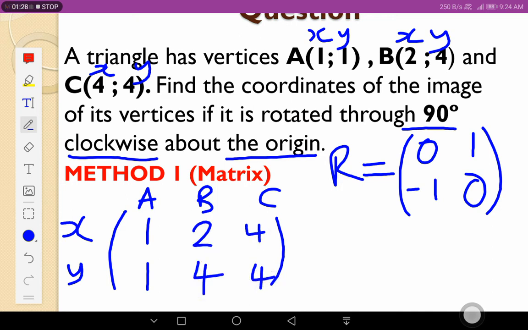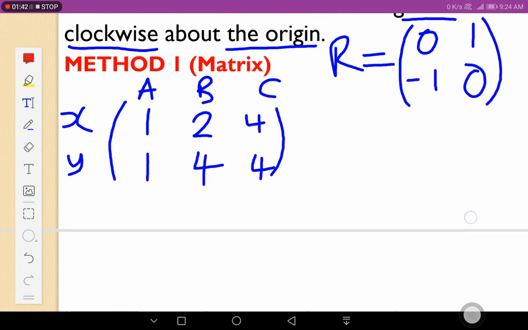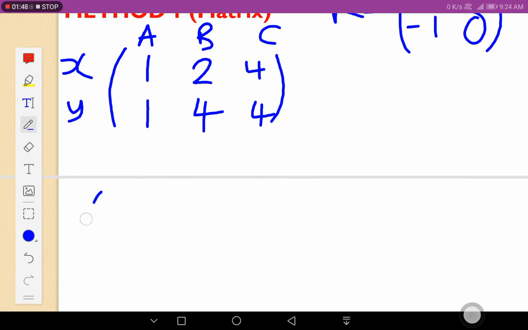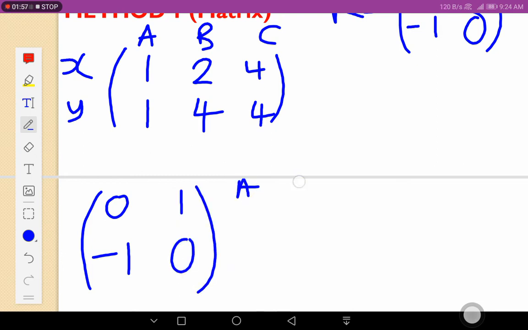Now what I'm going to do is multiply the matrix of rotation and the matrix of our triangle. So I'll have my 0 minus 1, 1 0, multiplying our A, B, and C matrix, which is 1 1, 2 4, and 4 4.